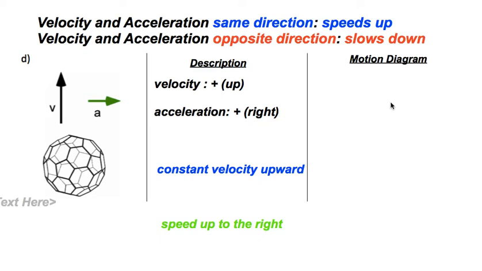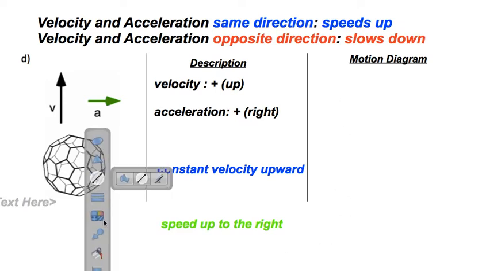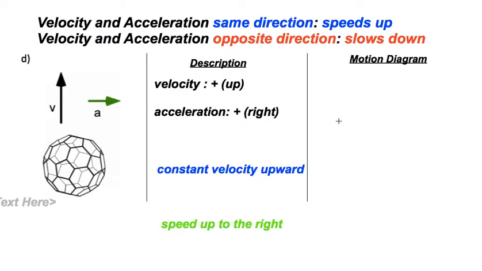Now that gets extremely confusing for your motion diagram because we have two different directions we have to show. Well, if we have two different directions to show, we need to show two different axes to do that. So we have our vertical axis, what it's doing as it goes up. We also have that horizontal axis as it moves to the right.